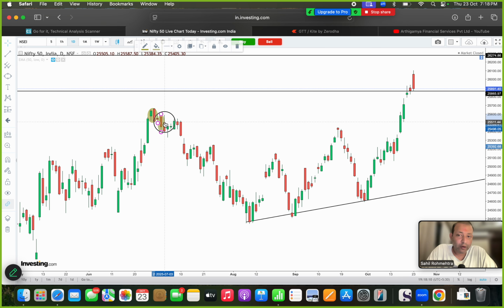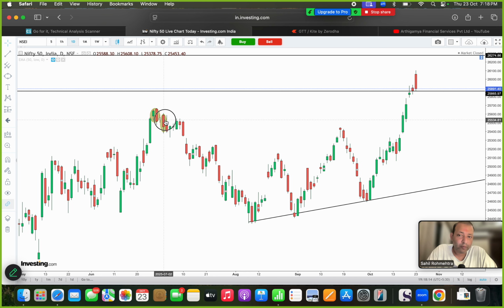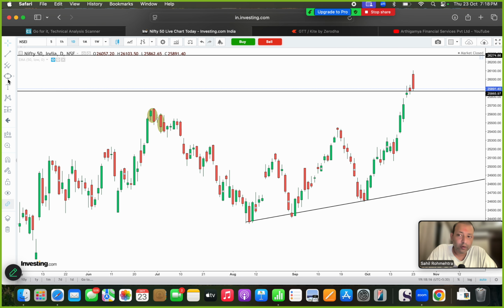Similarly, if you look at this here, this looks like an evening star, but in real practice we actually need a bigger gap. This looks like a bullish belt hold, and actually this is, but it is not exactly a bullish engulfing, but many traders will treat this like one.